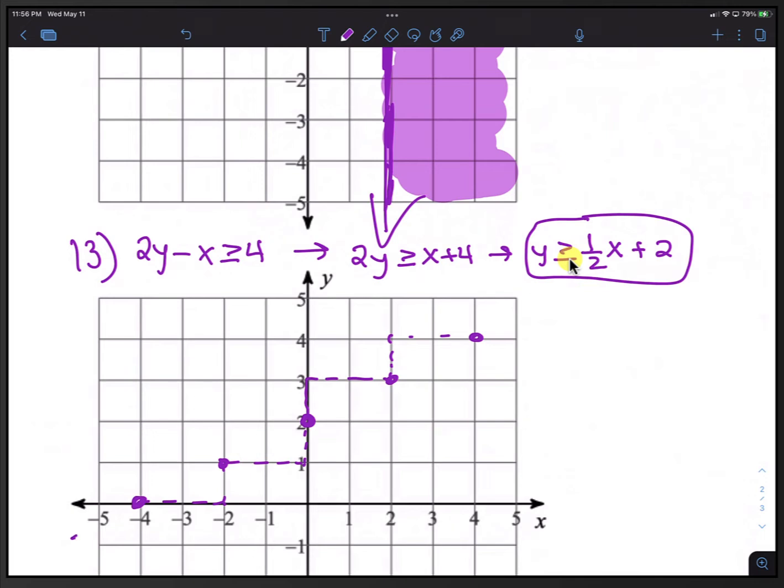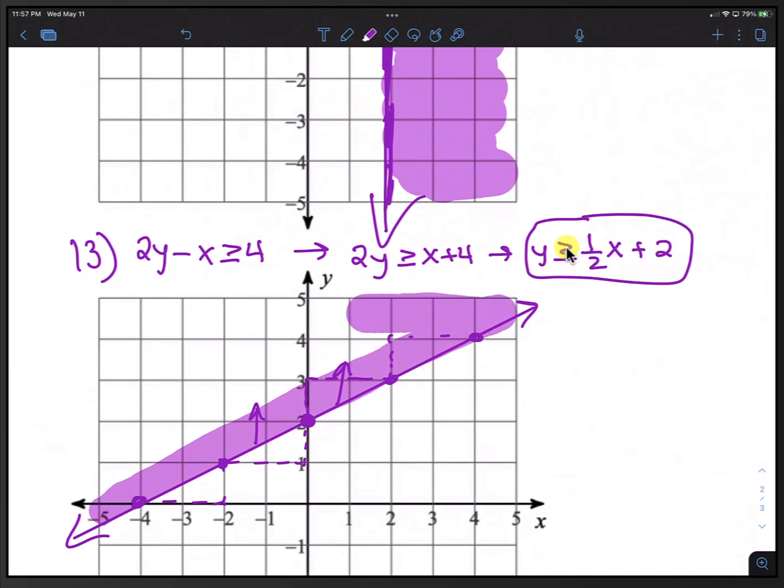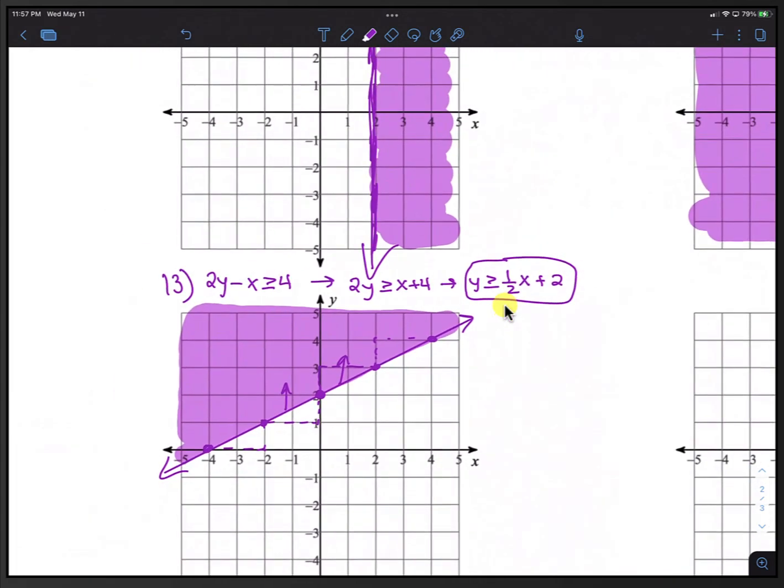So we're just going to draw a solid line through all of these points. All right, there's our line. Now because it says y is greater, we're going to be shading above this line. So our shaded area is above the line, so it is all of this space. All right, that is number 13.